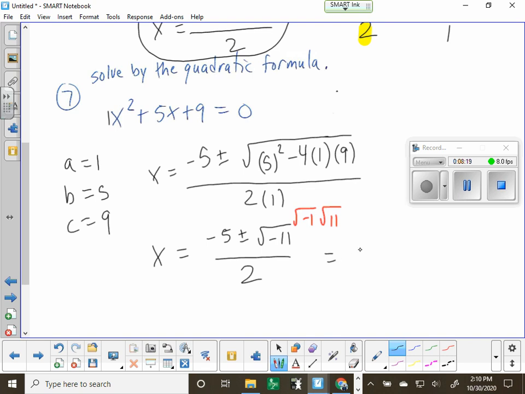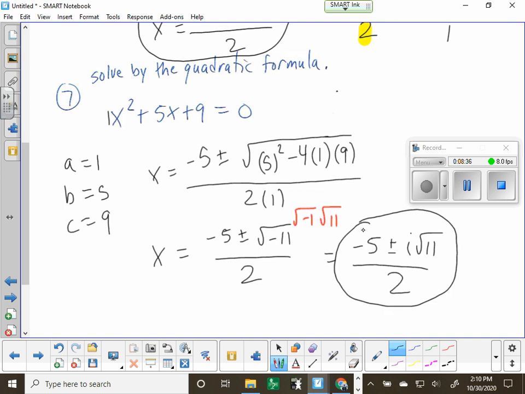So the final answer is negative 5. 11 is a prime number, so I can't break any square roots out of that. That's all I can do. So it's negative 5 plus or minus i square root of 11 over 2. And that's my final answer on that one.